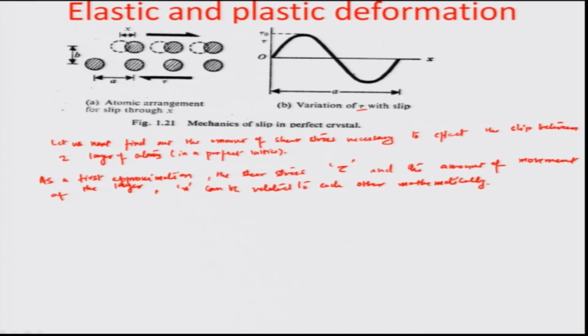So, think of it that this is the atomic system that we are talking about, and x is the distance which is being moved from a position which was the equilibrium position. And this movement is executed because of the shear force. So, let us say the dotted one was the old position, and this is the new position, and you are moving at x distance.